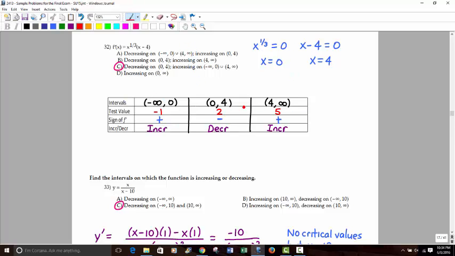So here are your three intervals. Test values -1, 2, and 5. So it ends up going plus, minus, plus. And we have increase, decrease, increase when you plug the test values in. So there we go. Decreasing will be the middle interval, and then we'll have increasing on the outside intervals.